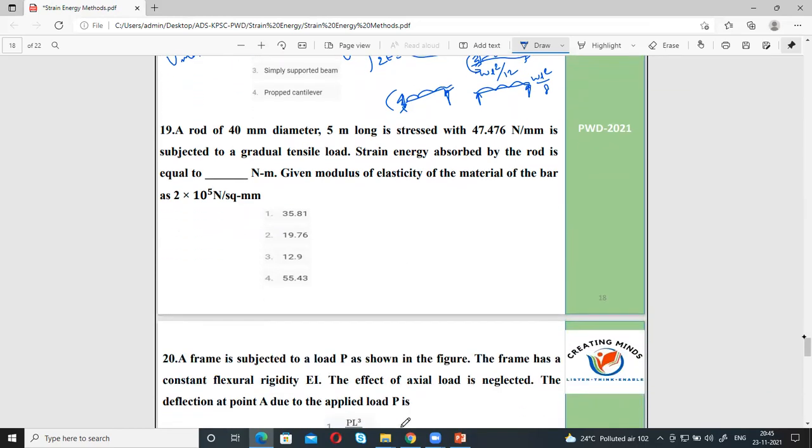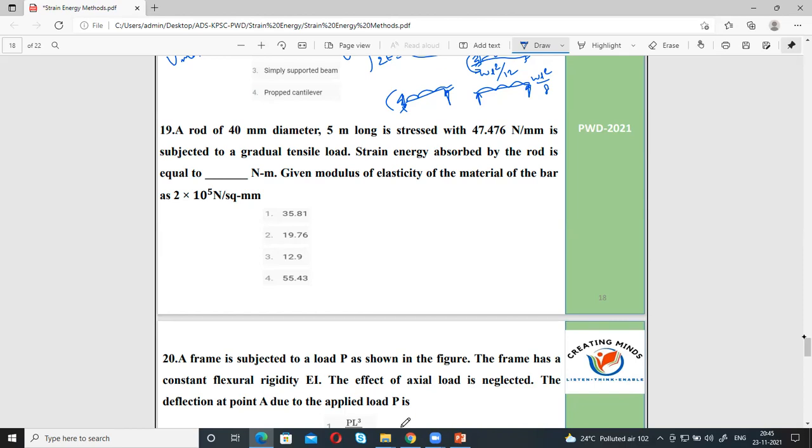A rod of 40 millimeter diameter, 5 meter long is stressed with 47.476 MPa, is subjected to gradual tensile load.